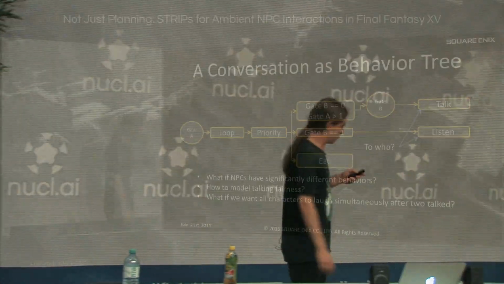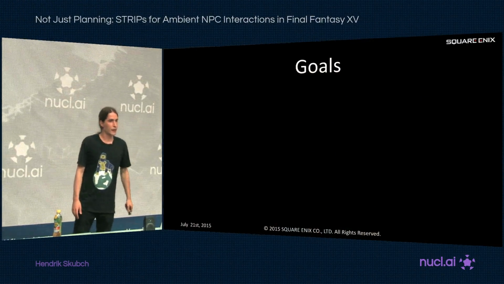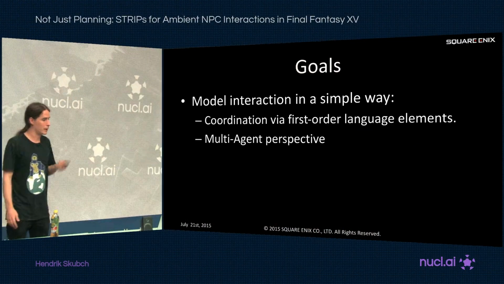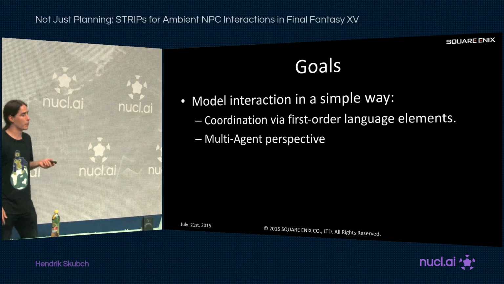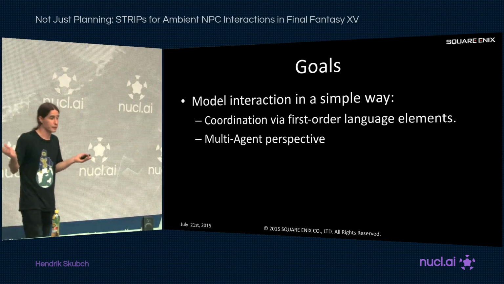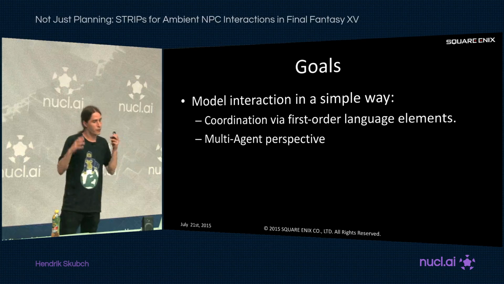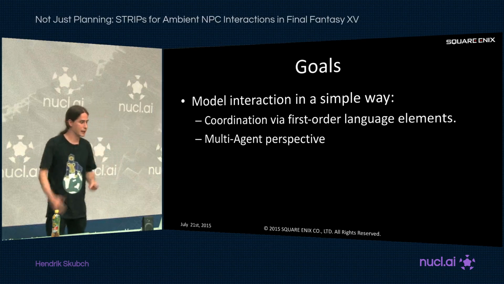So that's not really satisfying for us. So we took a step back and said, okay, what are actually the goals here? Well, we want to model interactions in a simple way, because, well, simple is good. We want coordination to be a first-order element of that language, in the foreground for the designer.